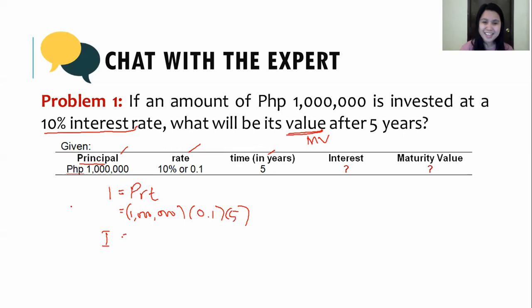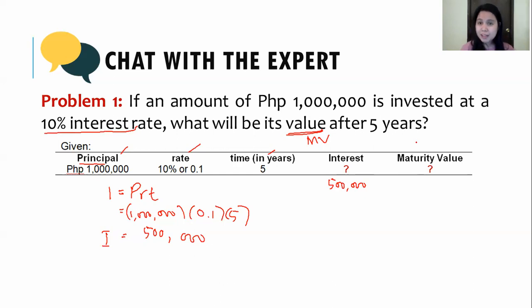I told you, you need to get a good calculator for you to answer it well. The answer will be 500,000. You can check it with me. So our interest is 500,000. Now, we are looking for the maturity value.